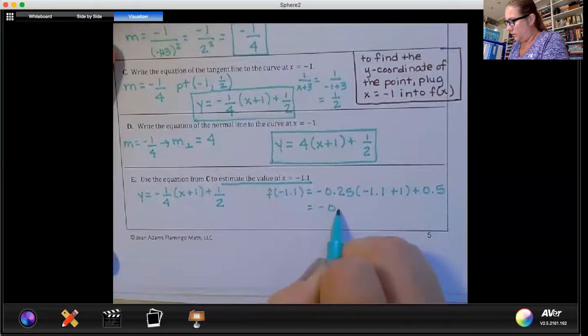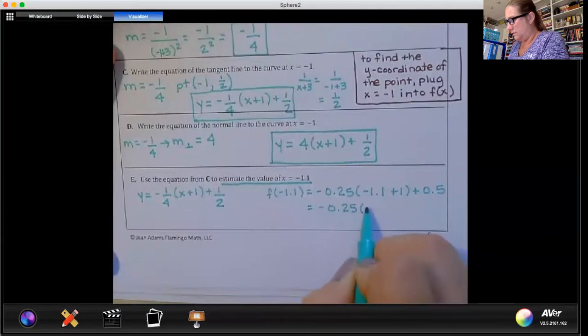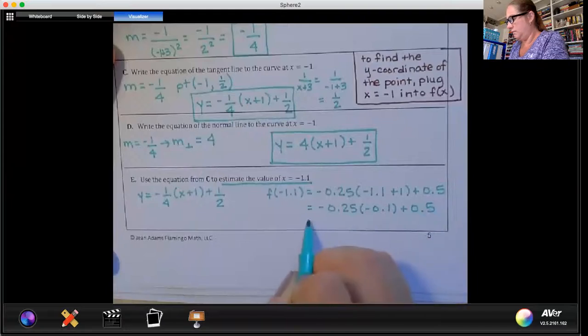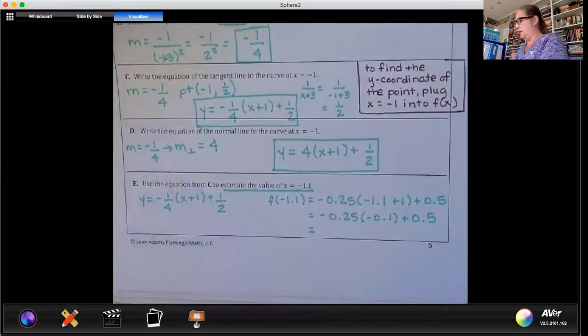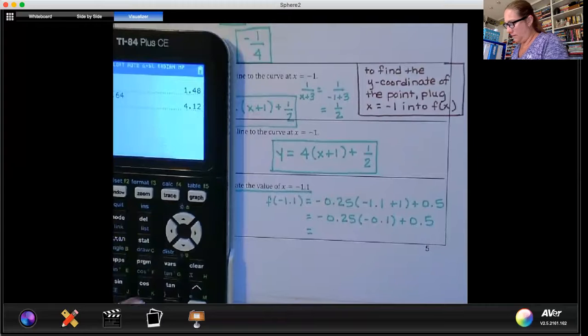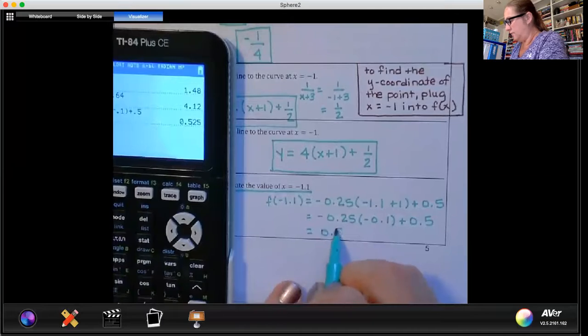This is -0.25 times -0.1 plus 0.5, which is 0.525.